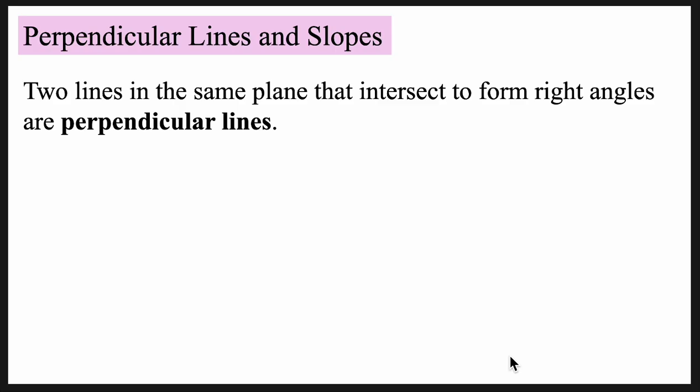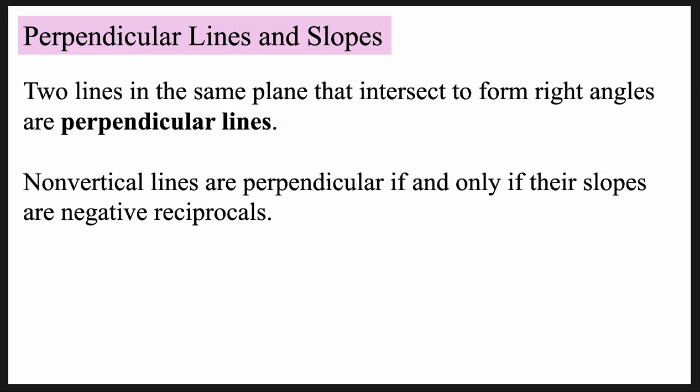The other type of line that we have is perpendicular lines. Now, perpendicular lines do intersect, and at the point of intersection, they make a 90 degree angle, which is a right angle. So, two lines in the same plane that intersect to form a right angle are called perpendicular lines.